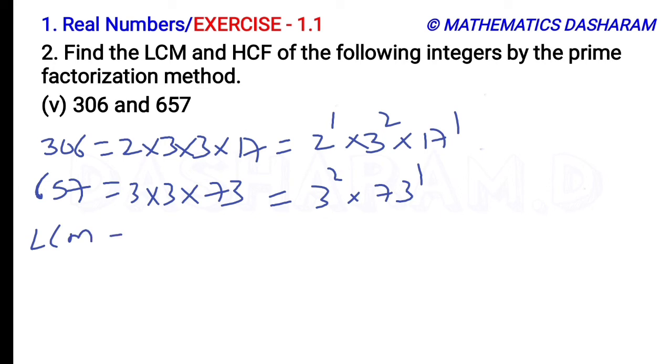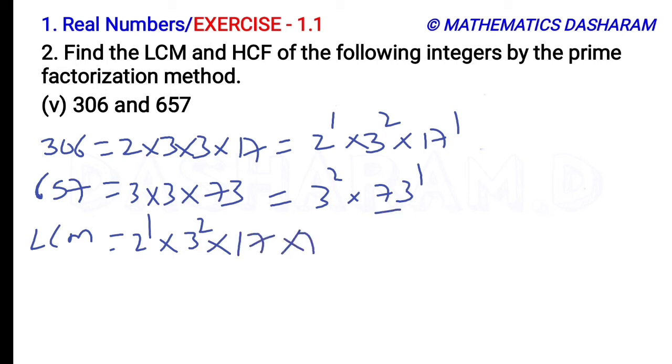Next, LCM. LCM means the product of the factors with the greatest power. Here one factor is 2. It has only one factor, so 2 power 1, take it as it is. Next 3 square, 3 square, both are the same, so take one 3 square. 17 power 1, only 17, so write as it is.